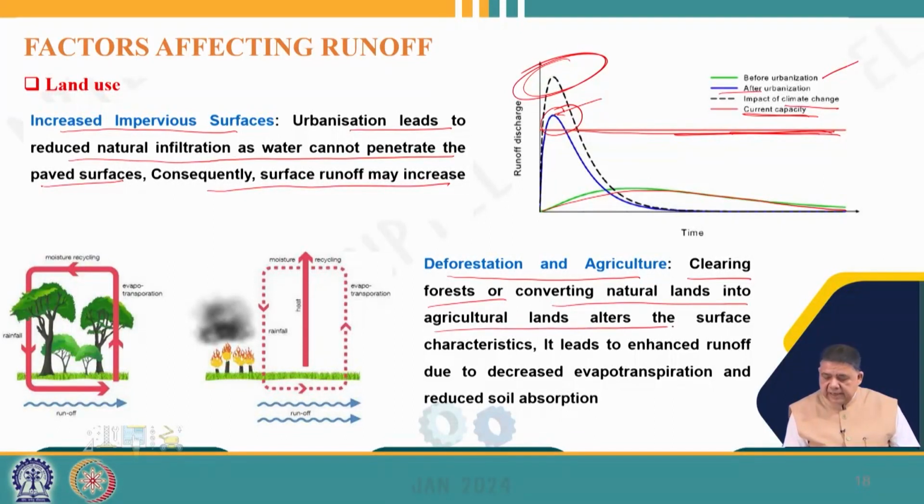On the other side, deforestation and agriculture will also impact runoff, like clearing forests or converting natural lands into agricultural lands, which alters the surface characteristics. It leads to enhanced runoff due to reduced evapotranspiration and reduced soil absorption.